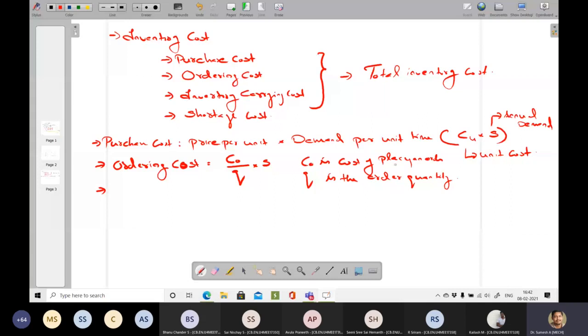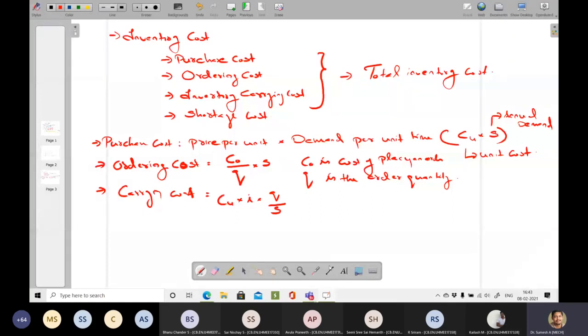It involves all the costs required for you to hold the stock in your inventory. So carrying cost will be Cu into I into Q by S, where Cu is the unit purchase cost, and I is the interest rate at which you hold your quantity in stock.